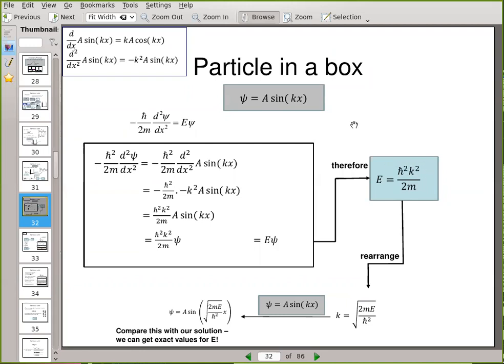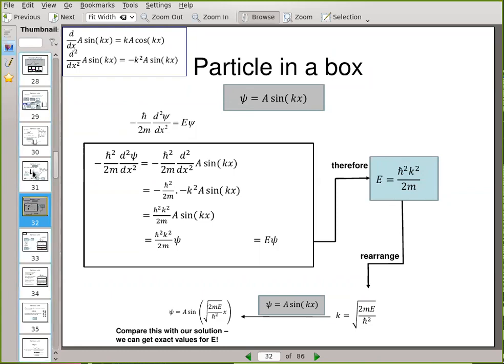So using the Schrodinger wave equation and using that psi tells us the value for the energy of a particle that's described by that wave function. Right, so this is important.